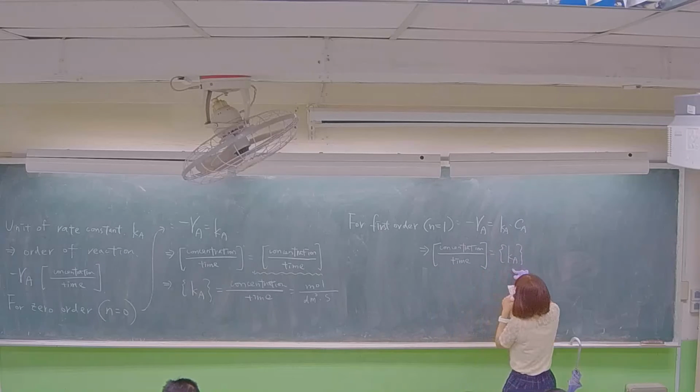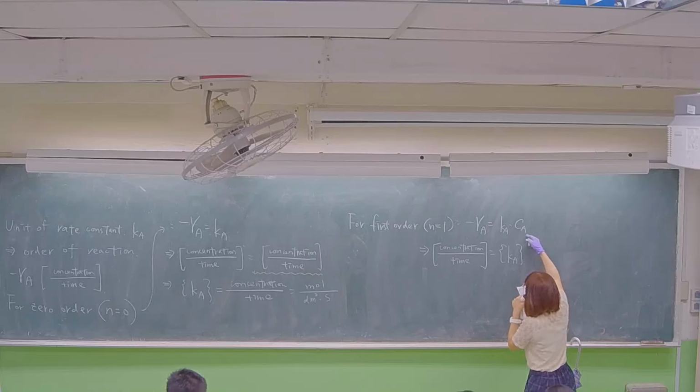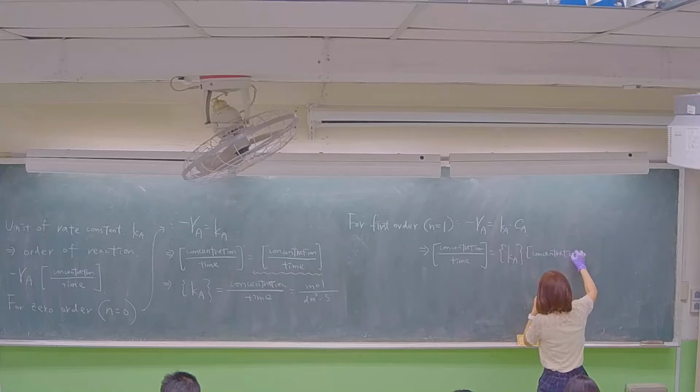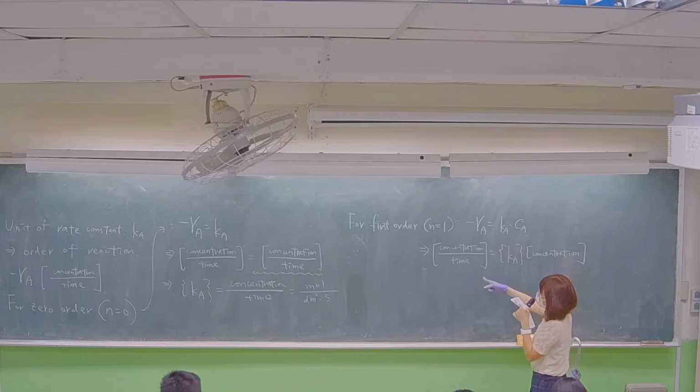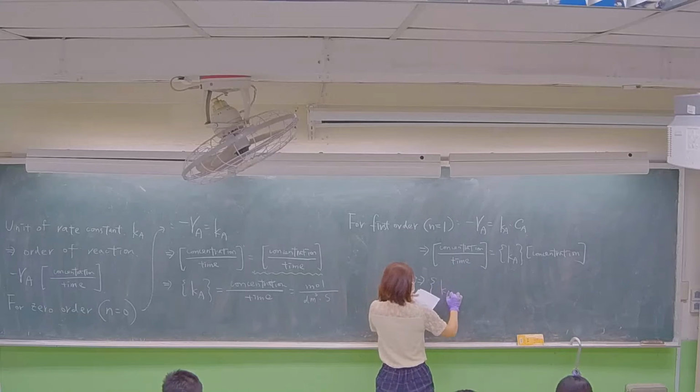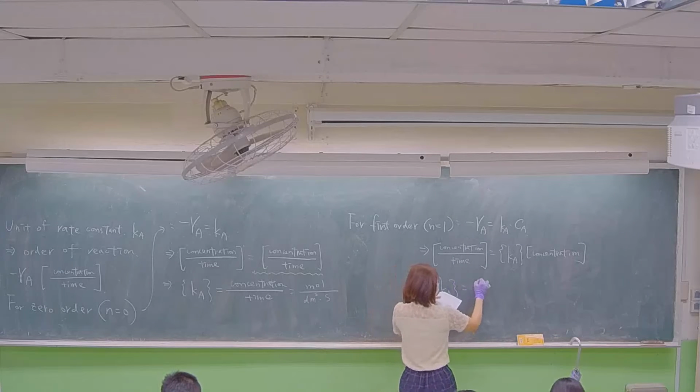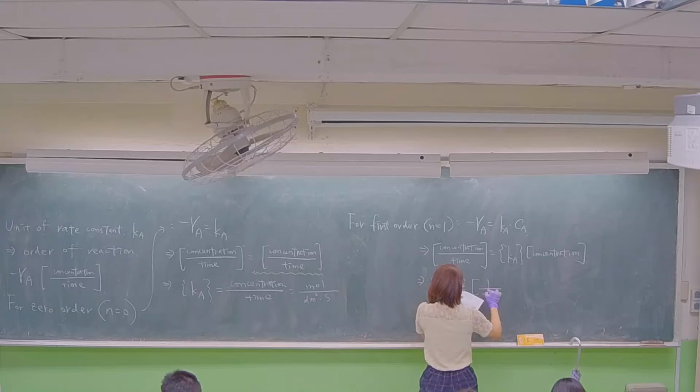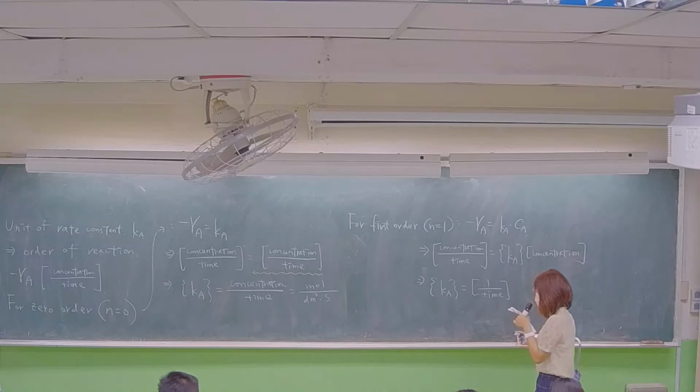What is the unit for concentration? It is concentration. So by calculating, you find the unit for Ka is 1 over time, like 1 over second.